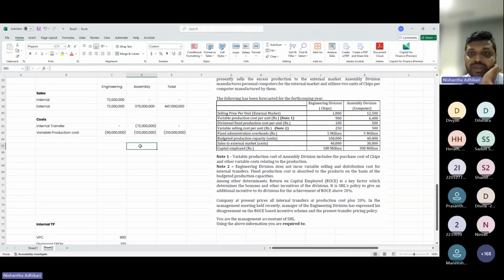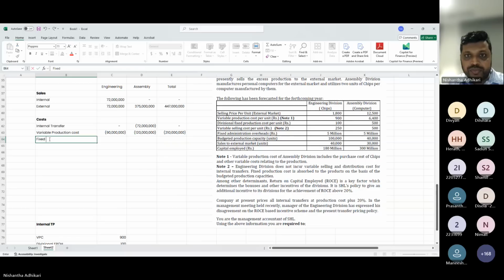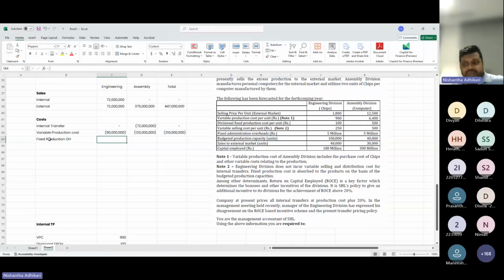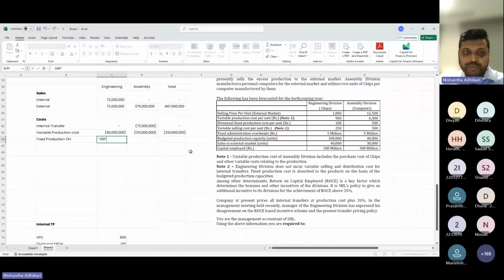Right, that is done. Then fixed production overhead. Fixed production overhead is 100 rupees per unit. 100 into maximum capacity 100,000, that is 10 million.